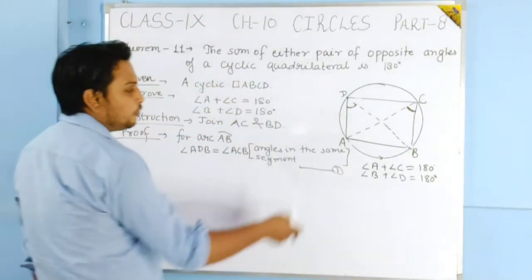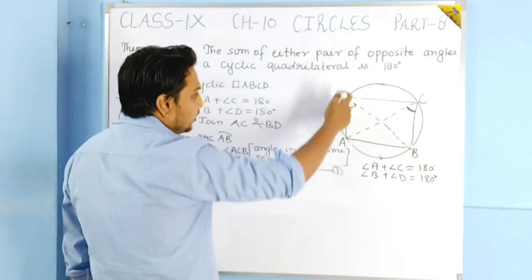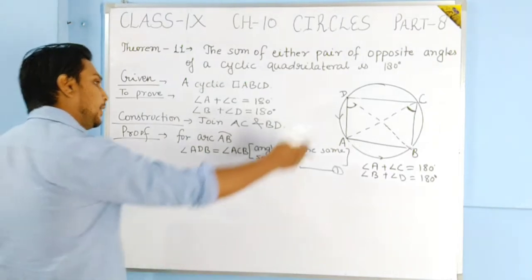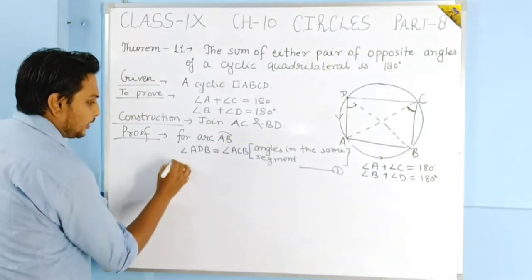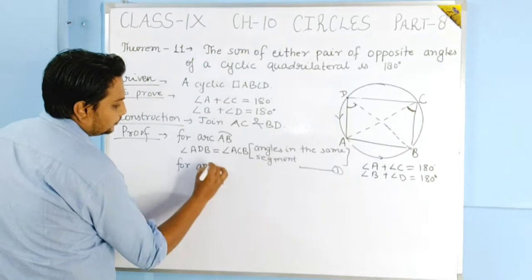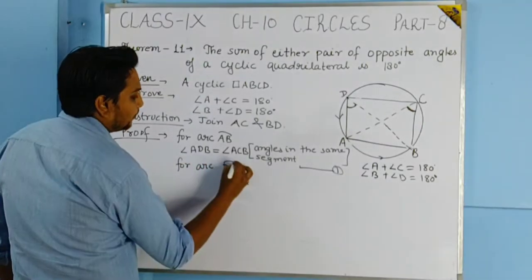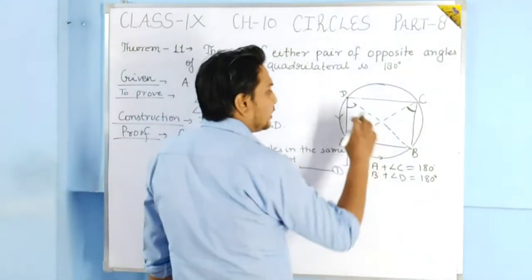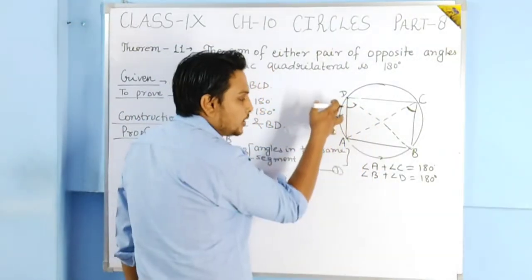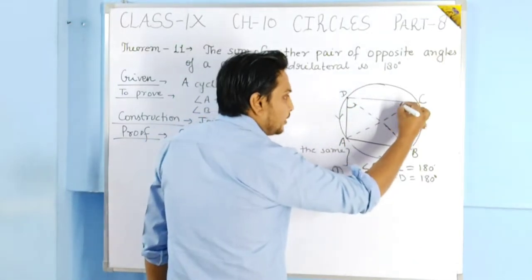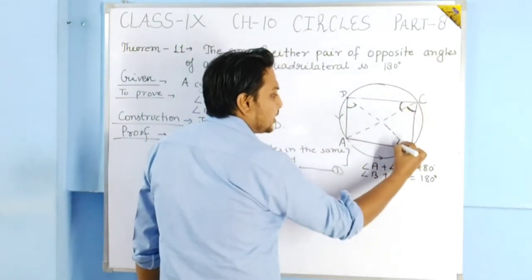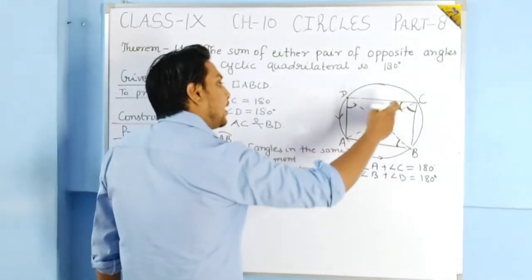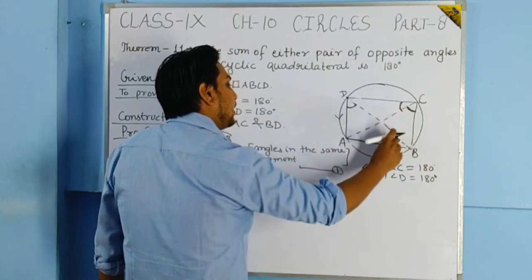Now students, if you consider the arc DA, then for this arc the angles in the same segment will be this angle and this angle.